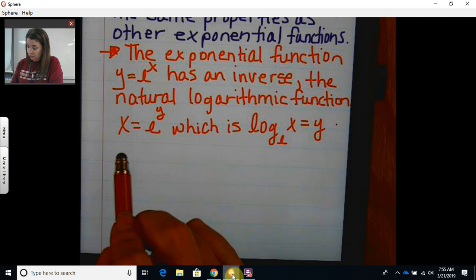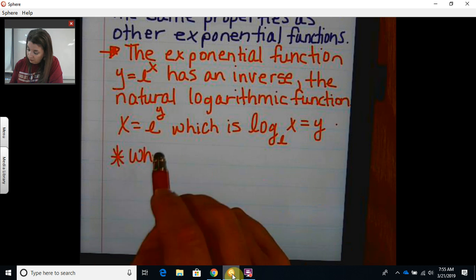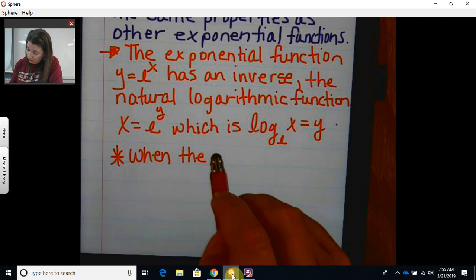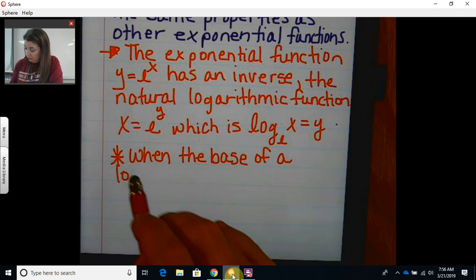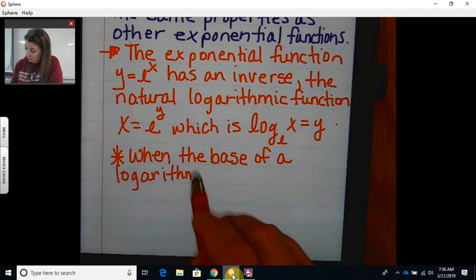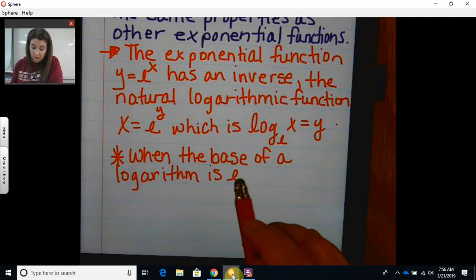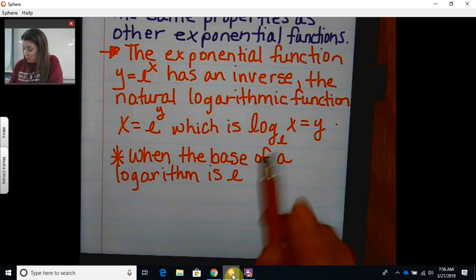When the base of a logarithm is e, we call it a natural logarithm.